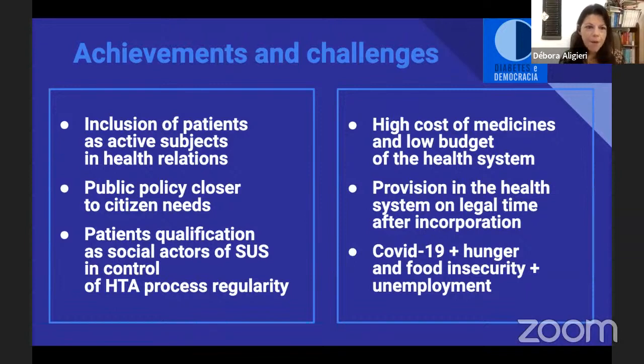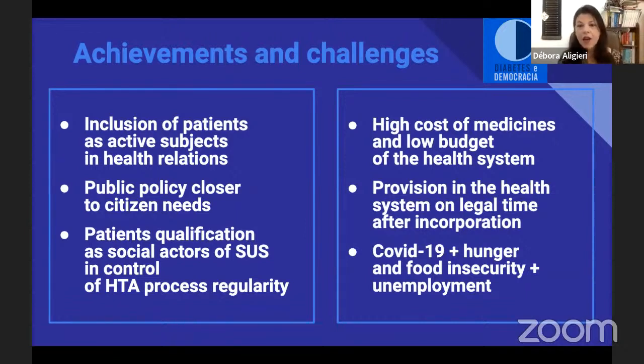We could make the public policy closer to citizen needs, and also make a kind of qualification of the patients as social actors of our system and in control of the HTA process regularity.